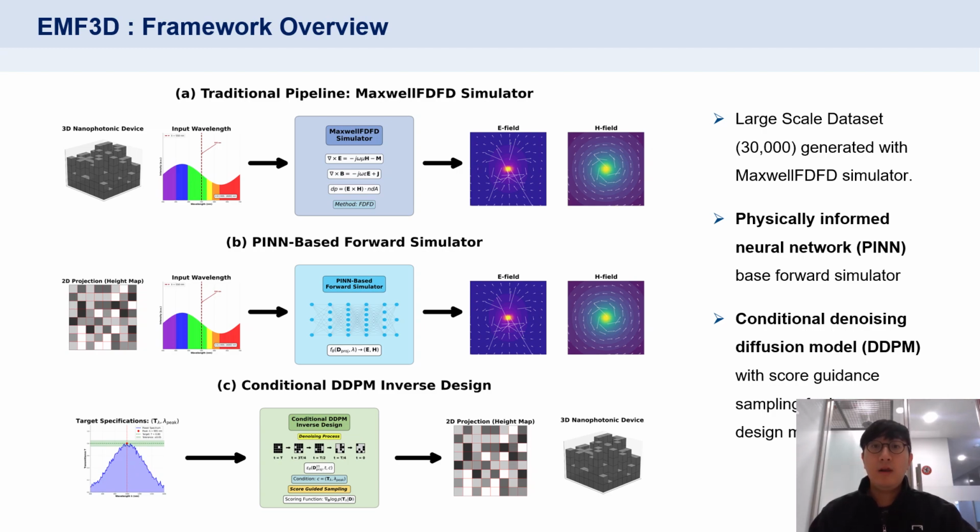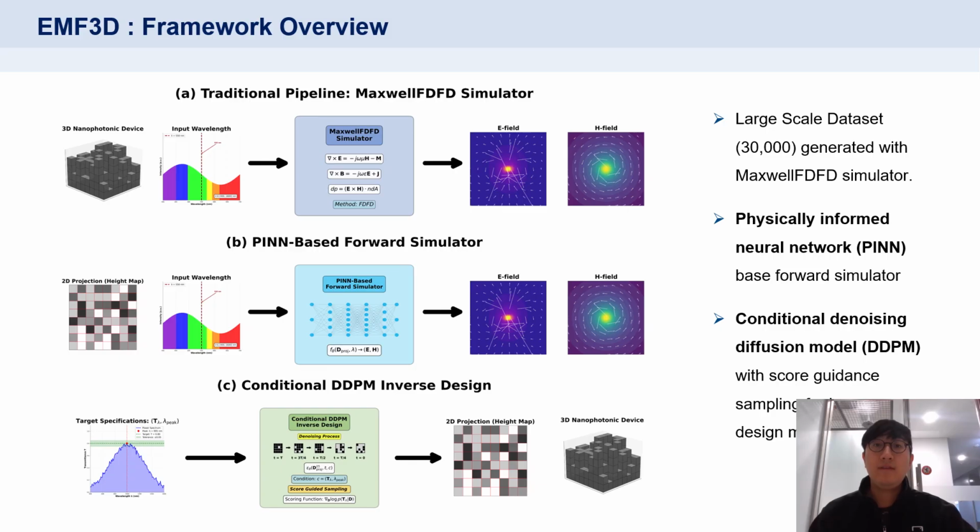Moreover, we develop a physics-informed neural network that predicts 3D EM field distributions from device geometries. This forward simulation model achieves a 15 times speedup over conventional methods while maintaining high fidelity. Lastly, we created a DDPM model for inverse design.